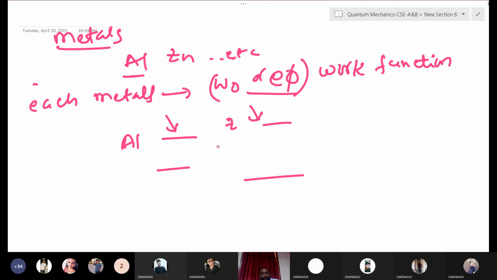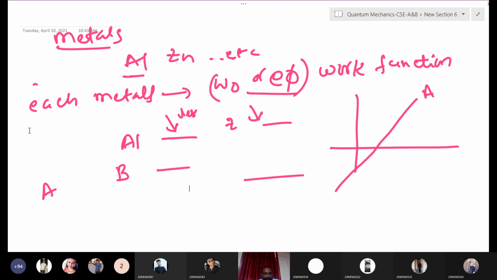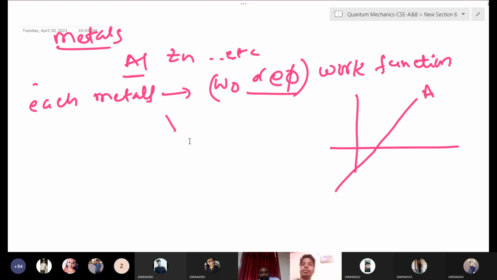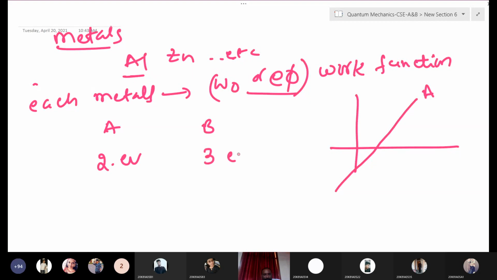Suppose you take metal A and incident some photon on it; here you need lesser energy. Suppose we take two metals, A and B. A metal's work function is 2 electron volts, and B metal's is 3 electron volts.